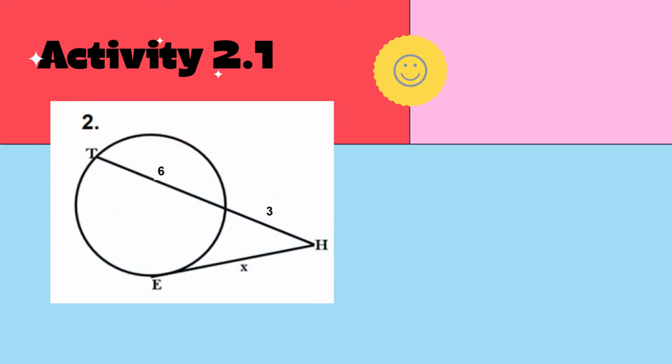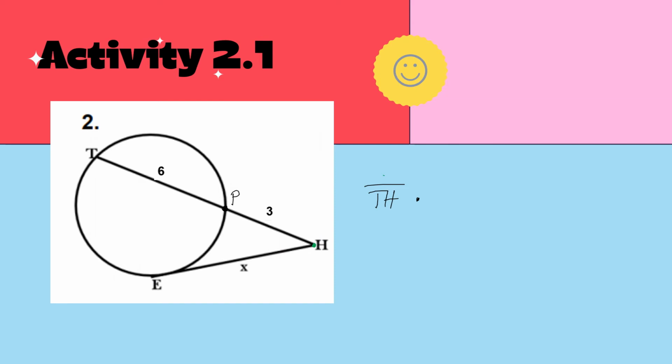Okay, here, 1 secant and 1 tangent intersect on a point outside the circle. So, yung buong secant, which is TH, the whole secant segment TH, times the external secant segment, which is, wala palang letter. Lagyan natin ng letter. Letter P, ayan.